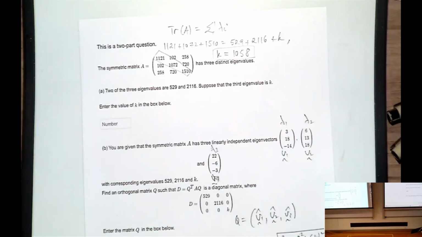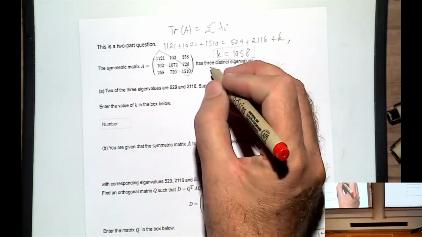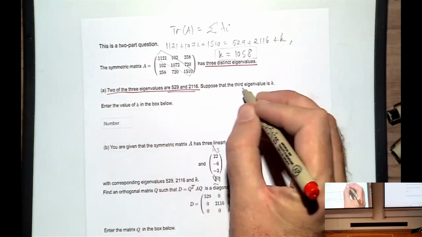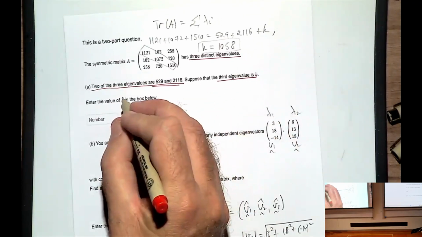All right, so you've got a symmetric matrix, which is nice. It's got 3 distinct eigenvalues. You're told that. You're given 2 of the eigenvalues. Enter the value of k.